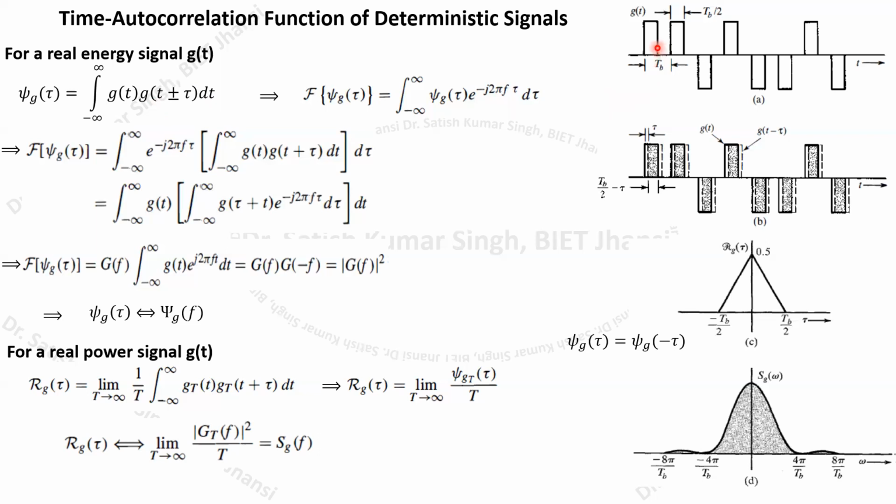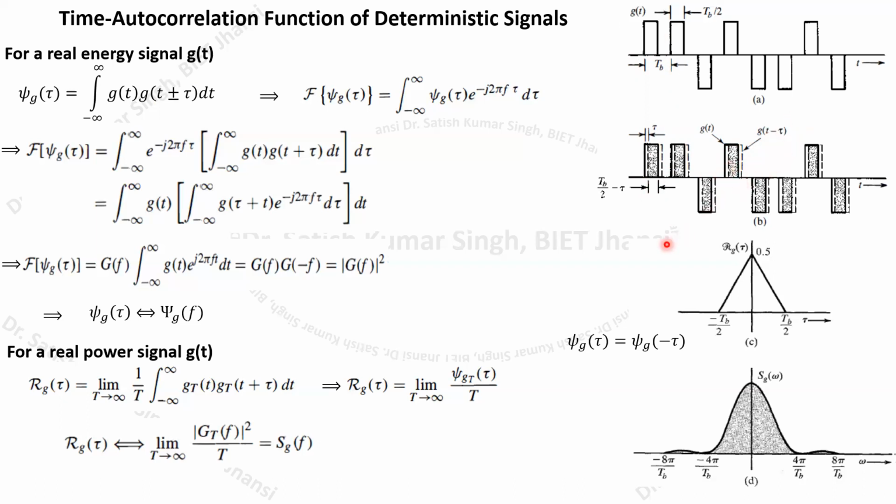Here you can see how to calculate this. If you substitute g(t minus tau), this signal will be shifted to the right side, and then it is multiplied. If we multiply these two signals, you can see this dotted curve because it is right shifted by tau seconds.